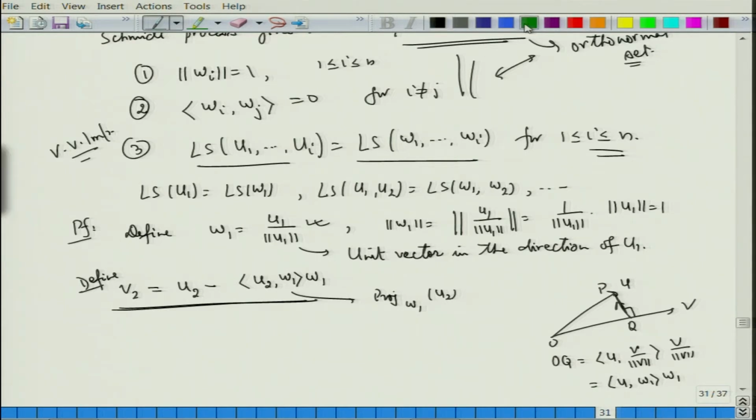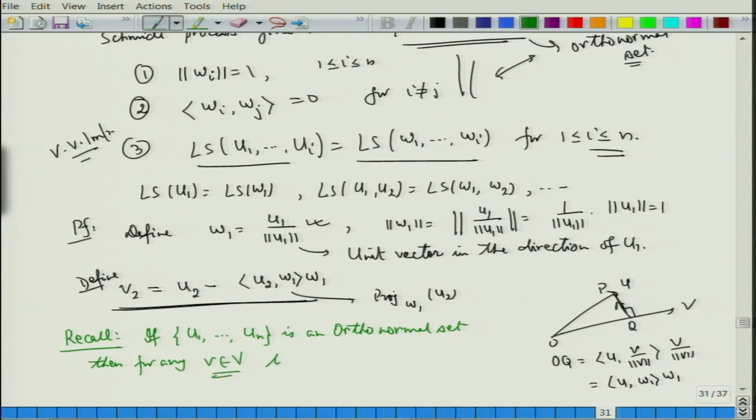Recall this theorem, which is a very important theorem that I have been saying again and again: if U1 to Un is an orthonormal set, then for any V belonging to the vector space, the vectors V minus W and W are orthogonal, where W was the sum of the inner product of V with Ui times Ui.